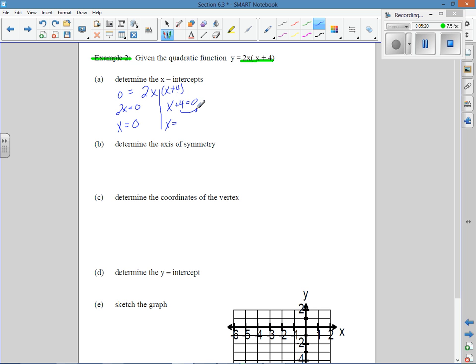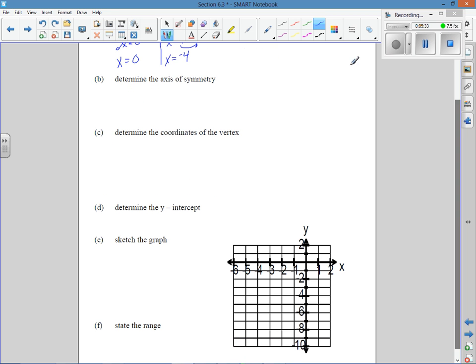Bring the number over. x is negative 4. So the x-intercepts are 0, 0, and negative 4 and 0.